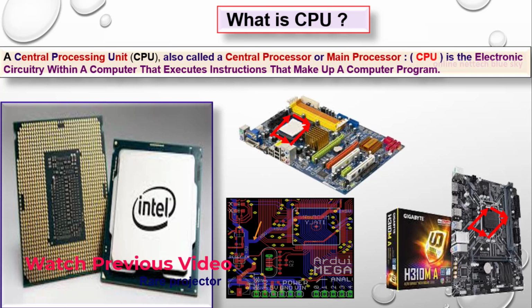This area is where you can install it. Every motherboard has a different type of socket design. I will discuss one by one, not only one type of CPU socket, every LGA type socket.